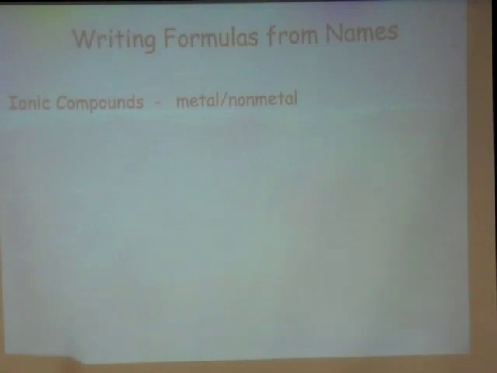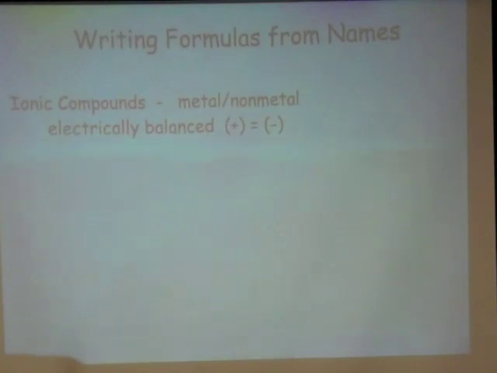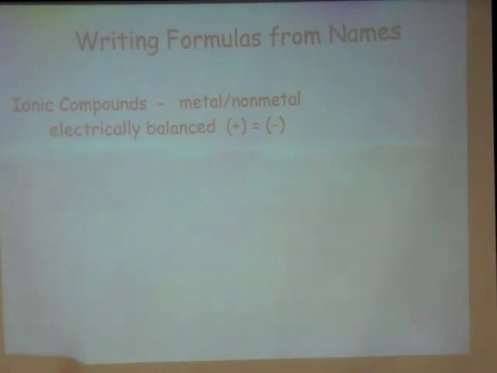You've got a positively charged cation and a negatively charged anion, they are attracted to one another, and that forms an ionic compound. When you are writing formulas, you have to keep in mind that ionic compounds are electrically balanced. Overall positive charge is equal to the overall negative charge.